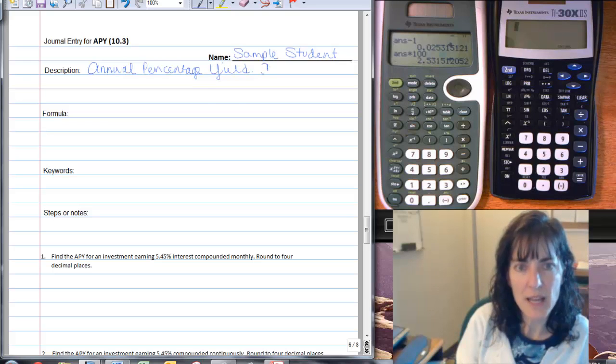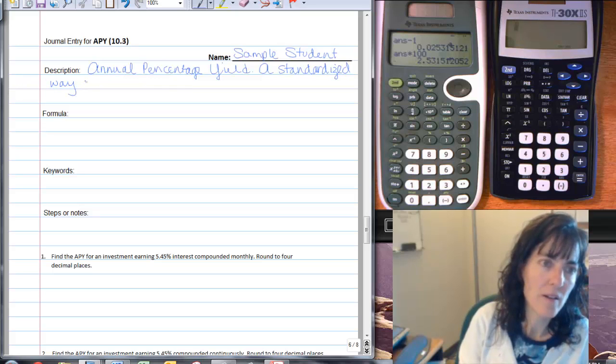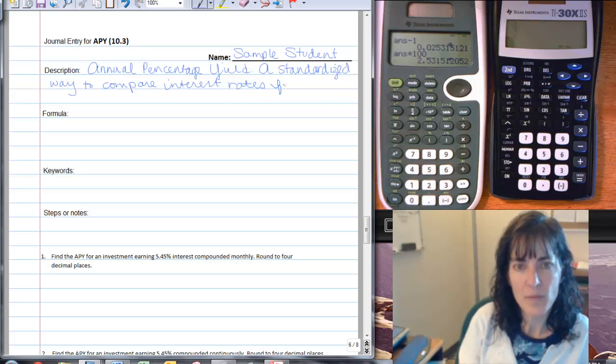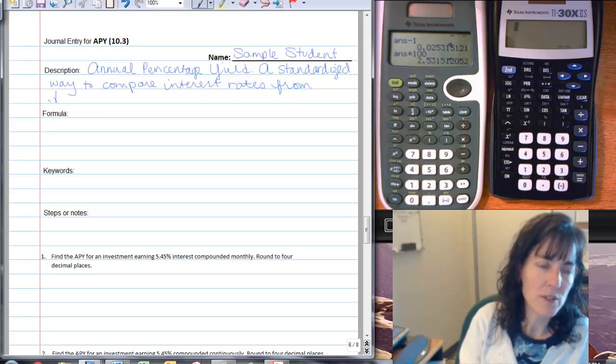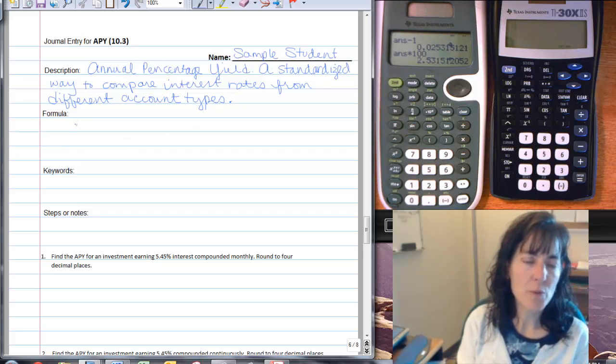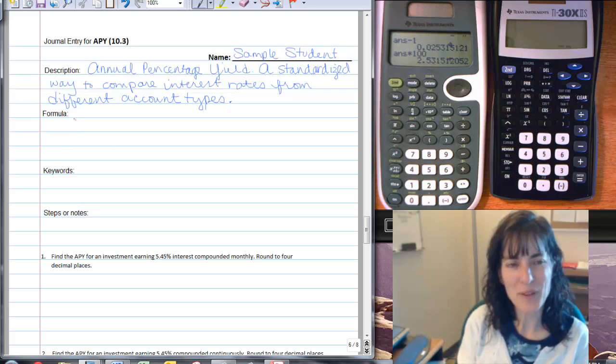And remember, it's a standardized way to compare interest rates from different types of accounts. Okay, and the formula, remember, we'll put our shorter formula just because it's easier.